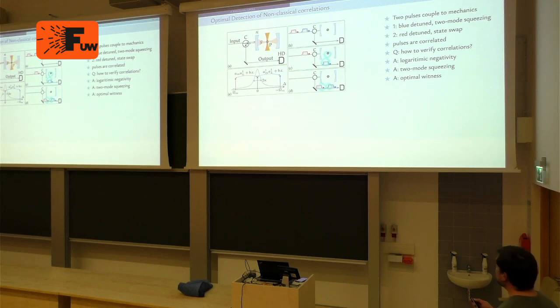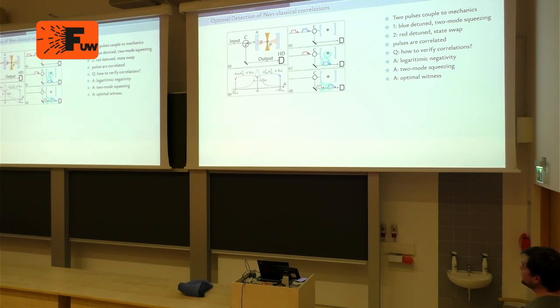Okay, so the protocol which we consider now is the following. This is a very well-known protocol, the pump-probe protocol, where we send two pulses to the cavity. The first one performs the two-mode squeezing, and when it leaves the cavity, this pulse is entangled with the mechanical oscillator. In order to verify the entanglement, we have to measure the mechanics somehow, and we do so by sending the second pulse.